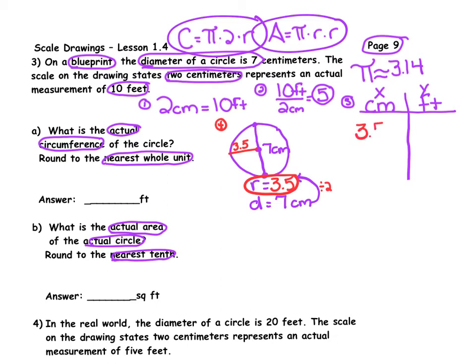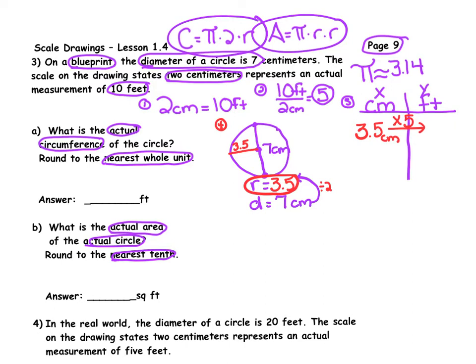We know 3.5 centimeters needs to be converted into feet. We're going to multiply by our rate, our conversion rate, which is 5. Take a moment and multiply 3.5 by 5.